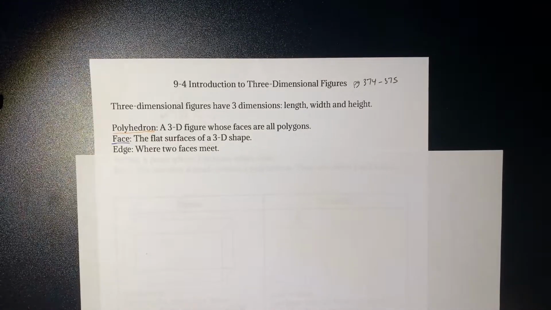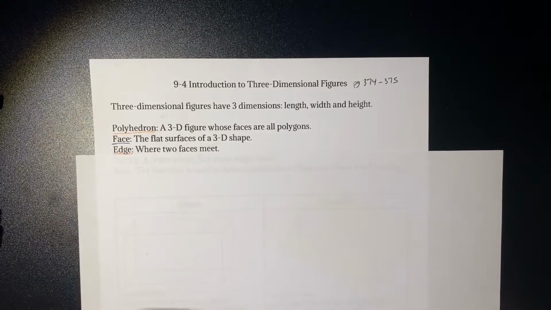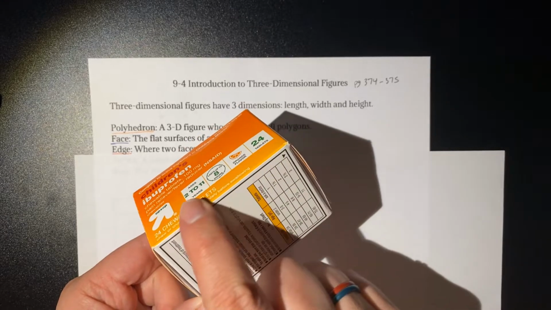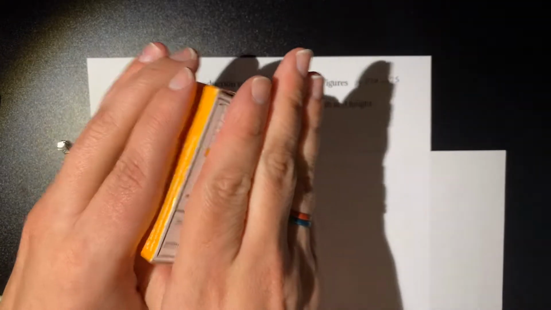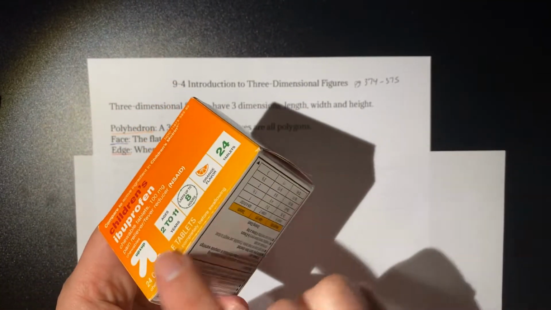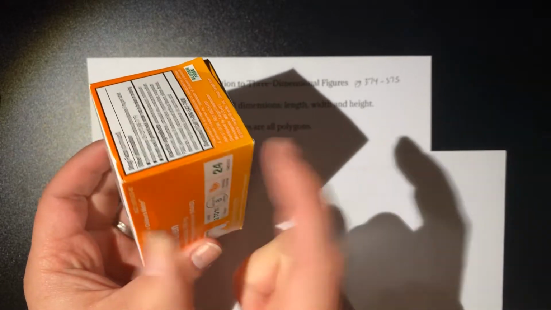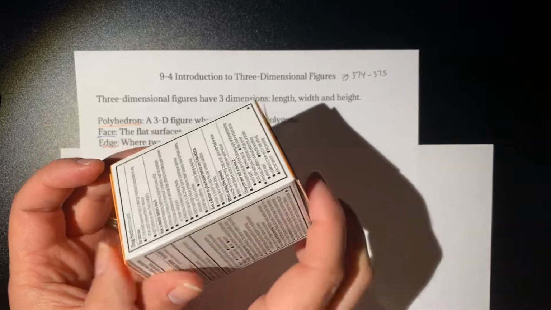The next word is an edge. This right here is an edge. An edge is where 2 faces meet each other. So the straight sides of the box are called edges.